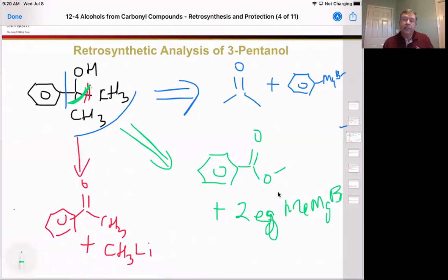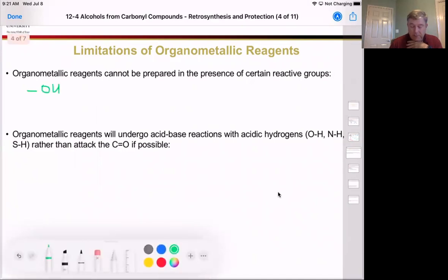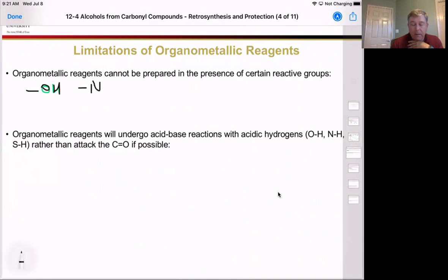Okay, so now that we see we can break these things apart and put them back together in a different way, let's talk about some of the limitations of the organometallic reagents. Okay, the first thing we have to think about in the presence of these organometallic reagents is that they are very strong bases and they are very good nucleophiles. So in the fact that they're strong bases, that means we can't have any kind of acidic protons present in our system, anything like an alcohol, amines, be they primary, secondary.